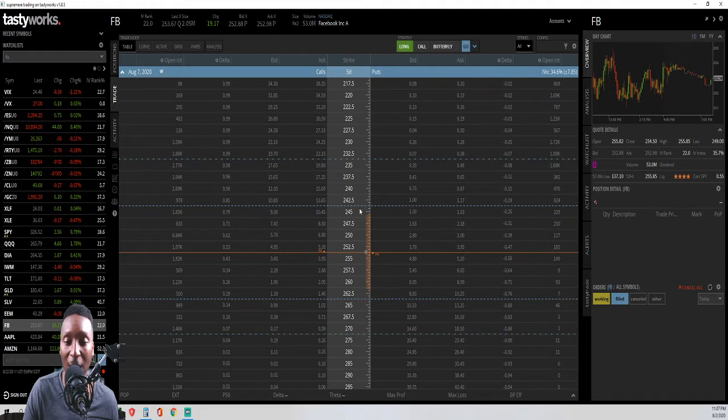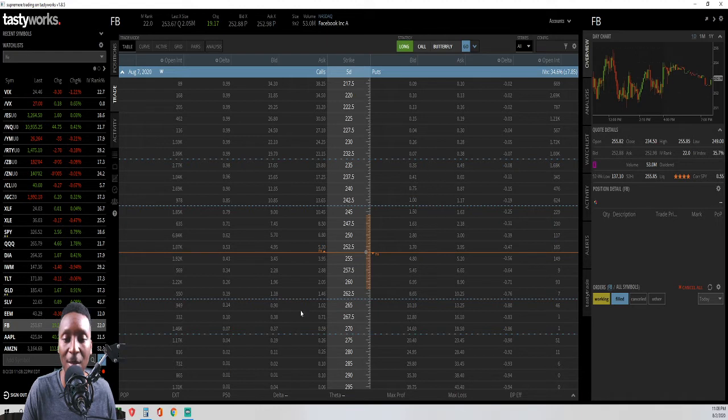If I came out of the money and sold out of the money, meaning at the money is right here around where the actual price of the option is, in the money would be, on the call side, right up here, and vice versa on the put side, right? It would be down here. And then out of the money would be out here.